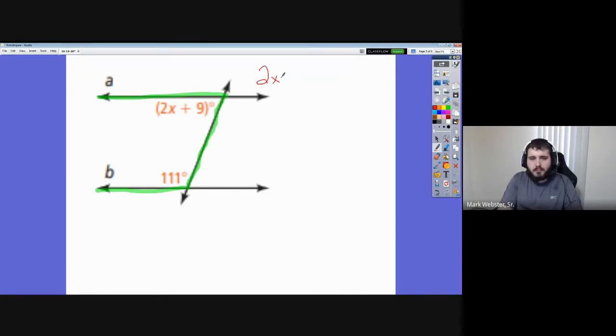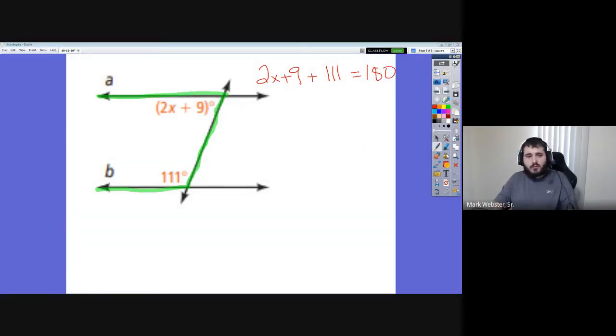Part plus part equals whole, right? Can I repeat the process? Yeah, so for this, all we're talking about is we have identified that these are same side interior to each other, right?